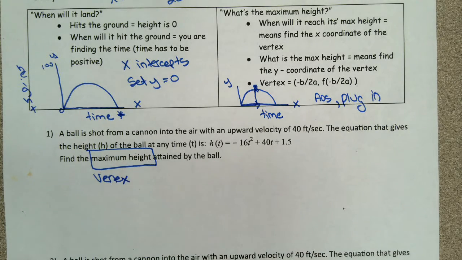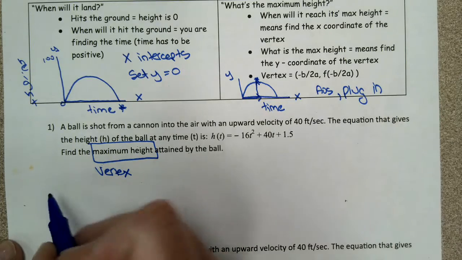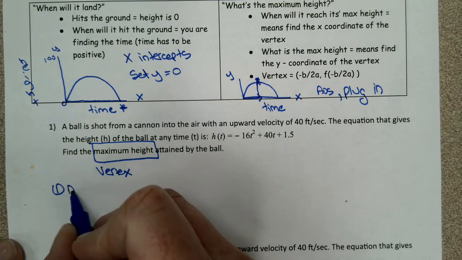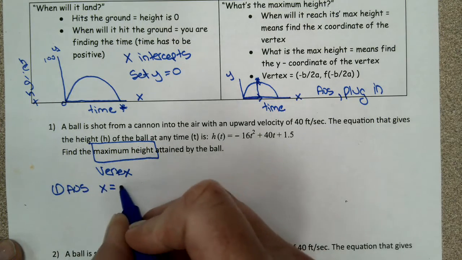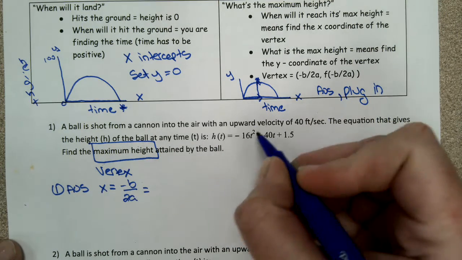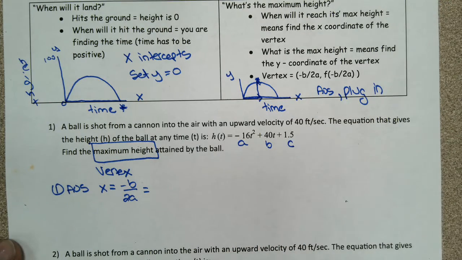That is a vertex kind of problem. So when we do the first part, you're going to find your axis of symmetry, which is the x part of your vertex. We're going to use negative b over 2a. So there's my a, there's my b, and there's my c.